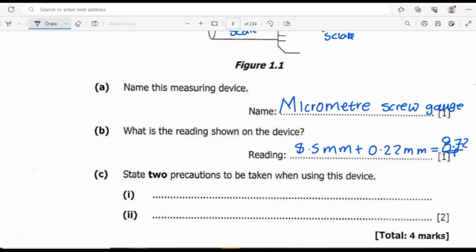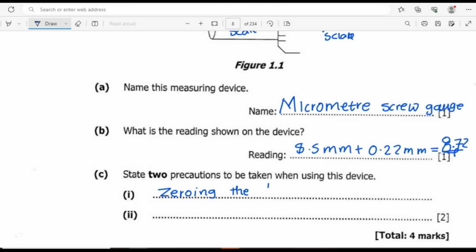Then we have question C, state 2 precautions to be taken when using this device. So the precautions are, what are we supposed to do to make sure that we get an accurate reading? The first one, make sure that we zero our device.